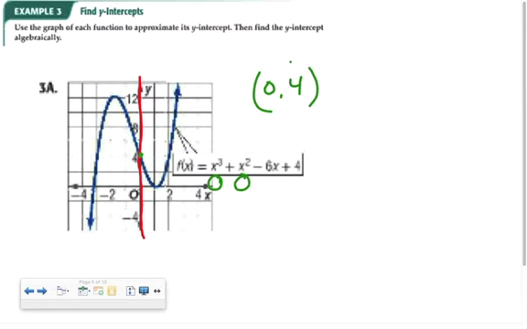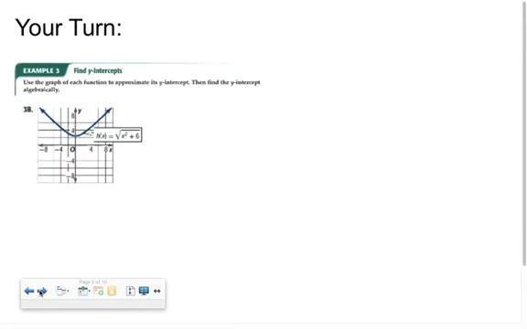This becomes 0 when I plug in 0 for x. This becomes 0 when I plug in 0 for x, and all I've got left to do is add 4, which makes sense that y would equal 4 when x equals 0, which is exactly what we found there. Take a moment to work through the your turn below.